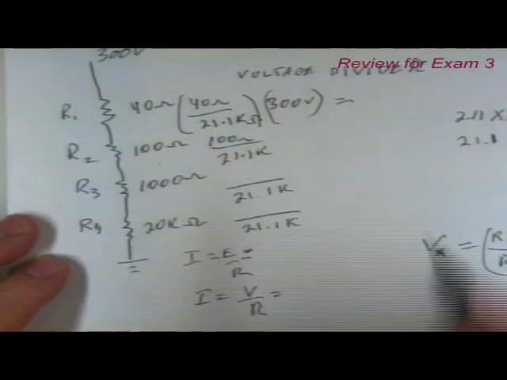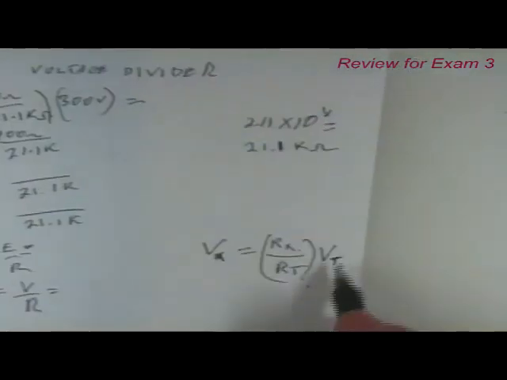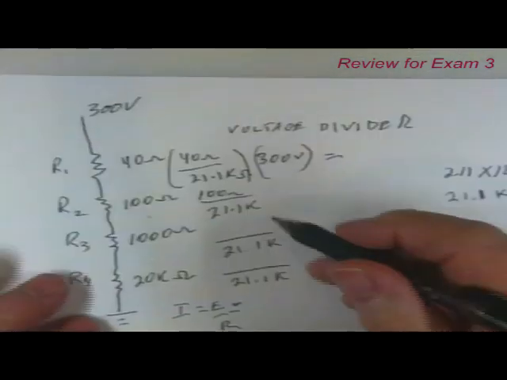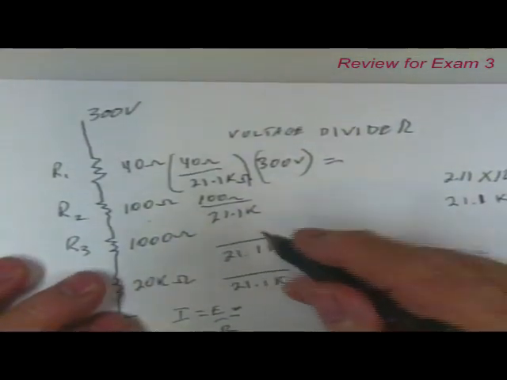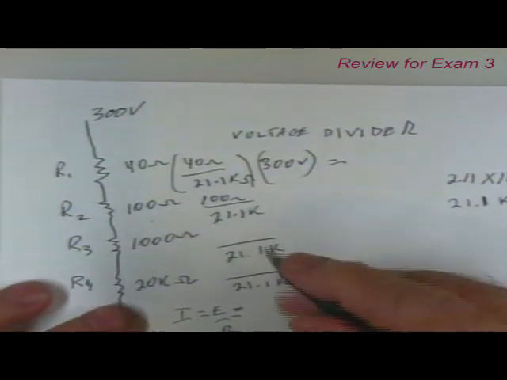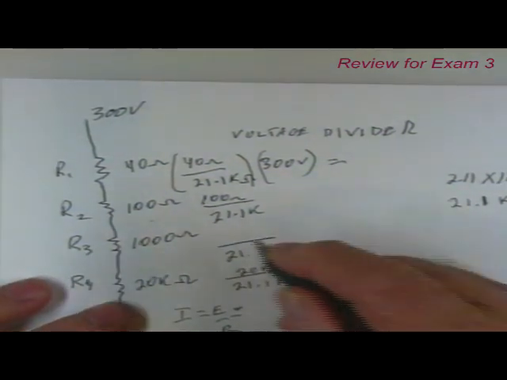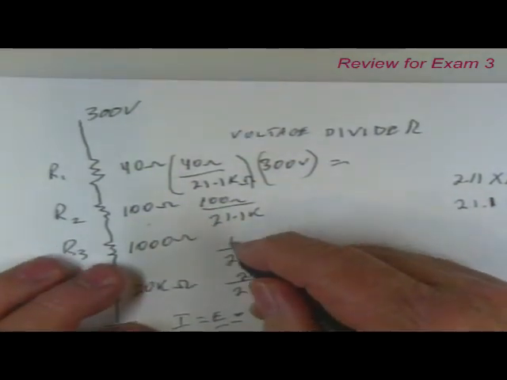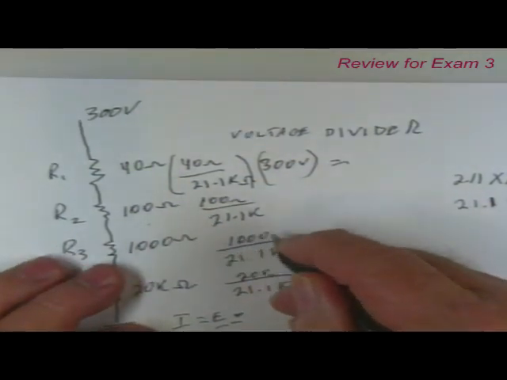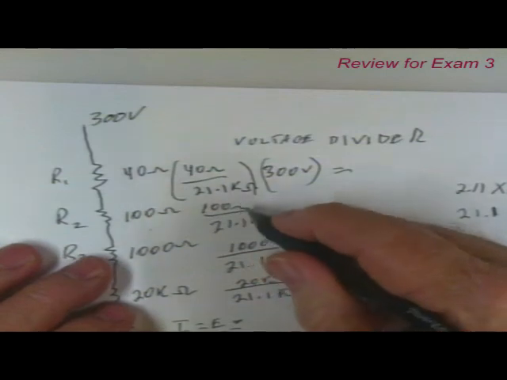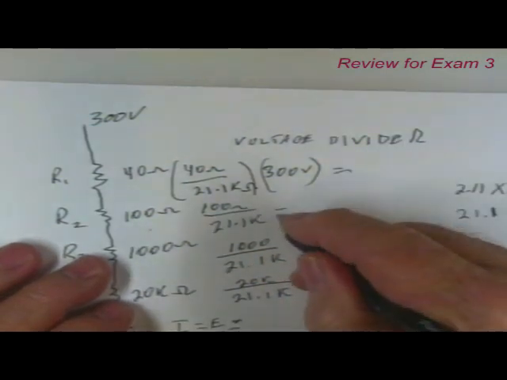And the Rx, of course, is going to be the resistor under consideration. In this case, it's 20K, isn't it? In this case, it's how much? 1K, or 1,000 ohms. And in this case, we've already put it down, and those are going to equal.